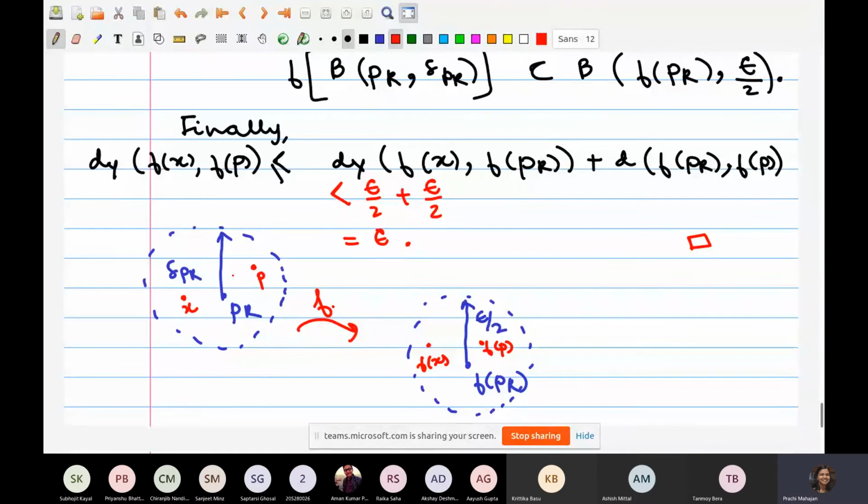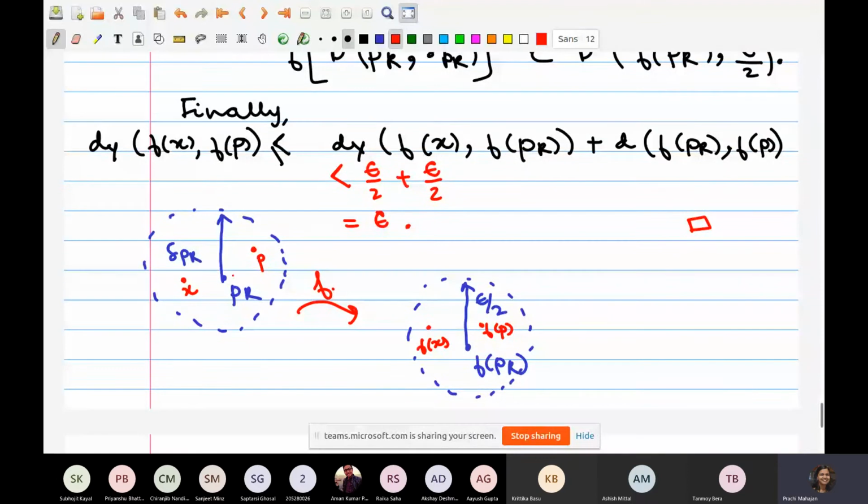If f is continuous and the domain is a compact set, then we say that the function is in fact uniformly continuous. Is this okay? I believe no answer means yes, unless you stop me.